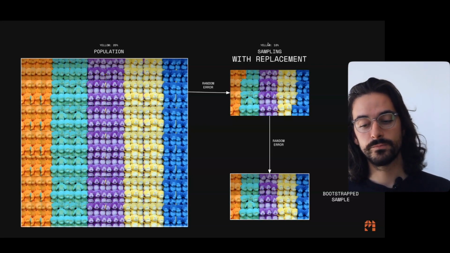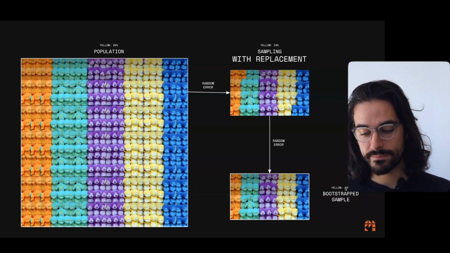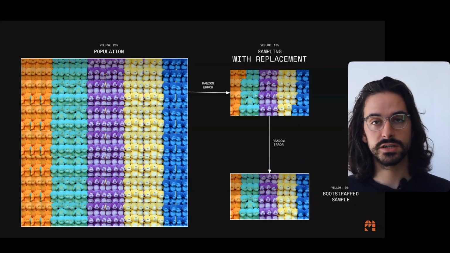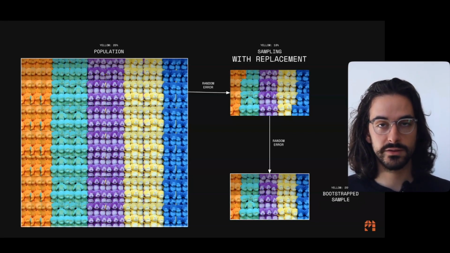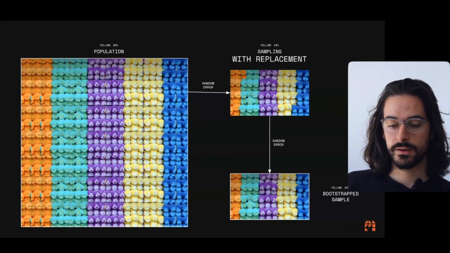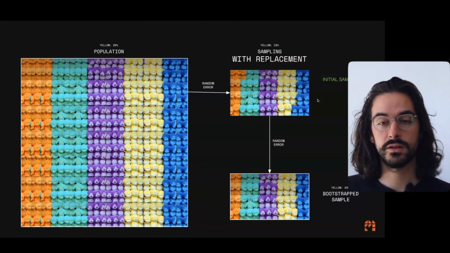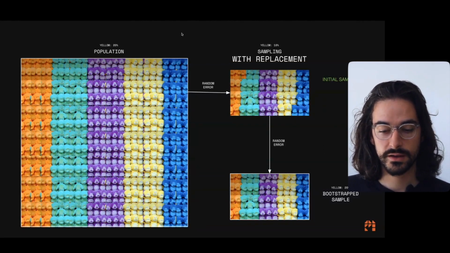Then you sample 18% yellow candies because it's one too many blue teddy bears. But with bootstrapping, it could very well be that we return to 20%, which is a more accurate representation of the population than our initial sample. So this is what we call the bootstrap sample. The one on top is what we call the initial sample when we're talking about bootstrapping.